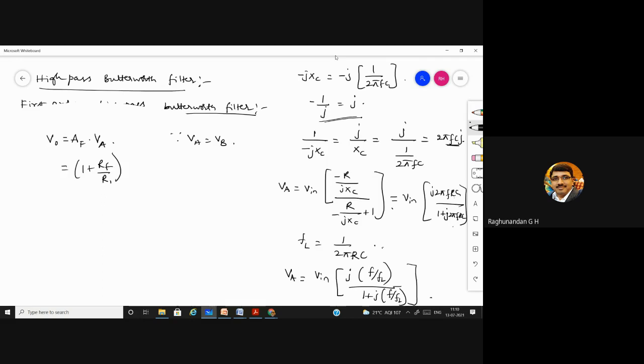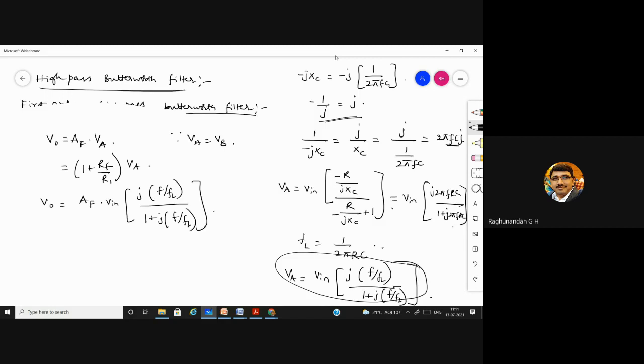So we substitute what we have obtained: Vo is AF into Vin into j into F by FL divided by 1 plus j into F by FL. So Vo by Vin is equal to AF into j into F by FL divided by 1 plus j into F by FL.